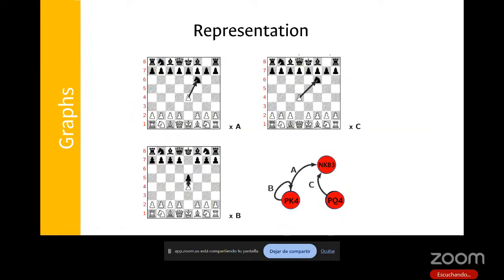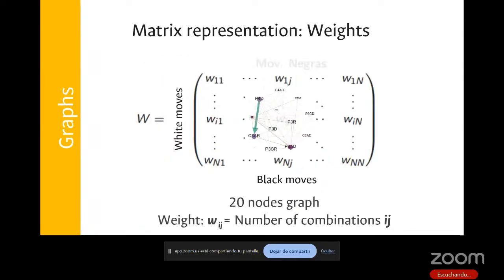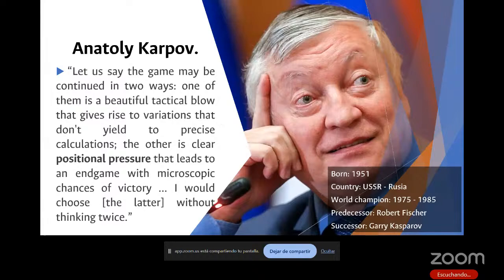And if we put together many matches, then we can construct a graph or a network, which would have 20 nodes, and we can associate it to a matrix. This matrix would have weights related with the number of times that each combination has been played, for example, by a player. Let's see what happened with Karpov.